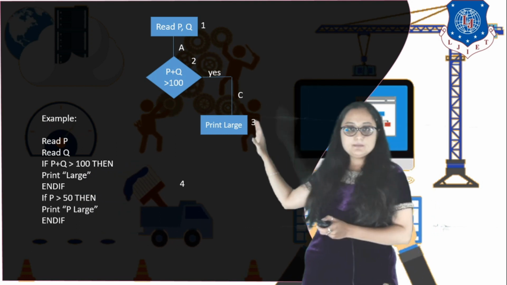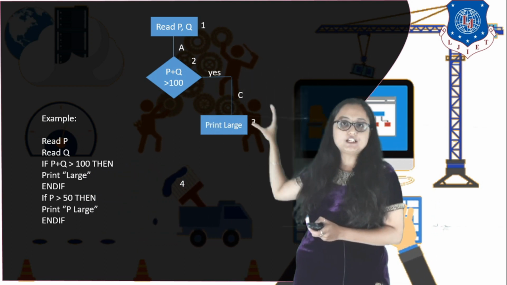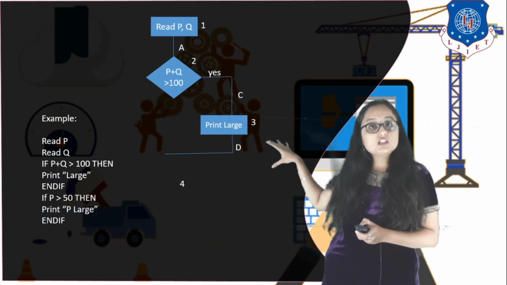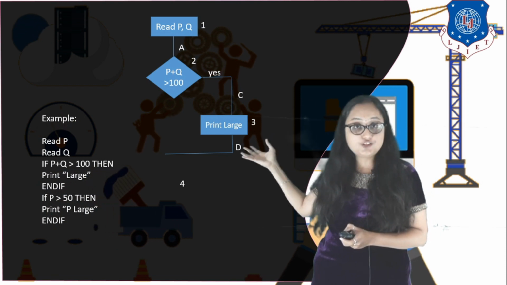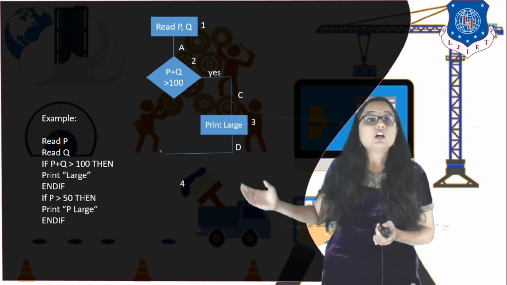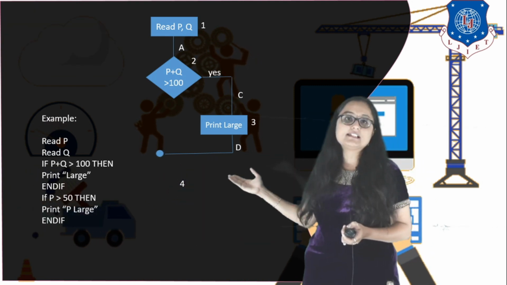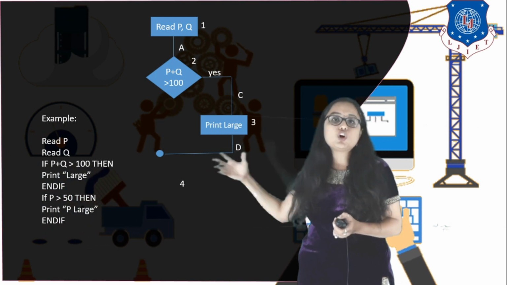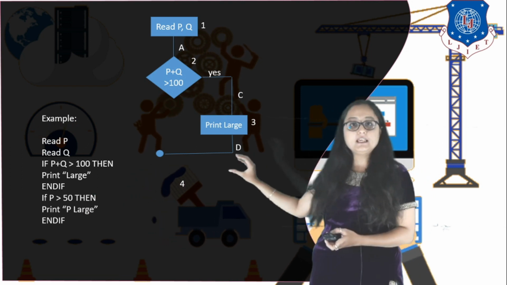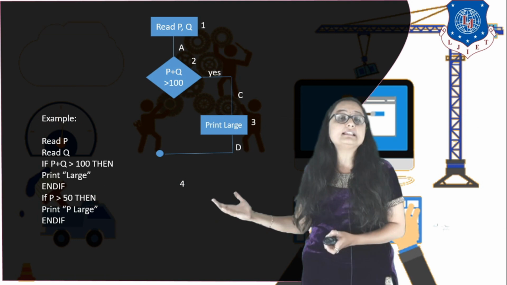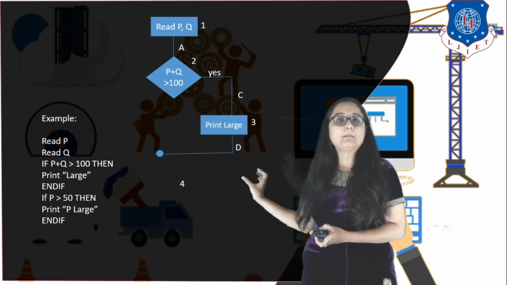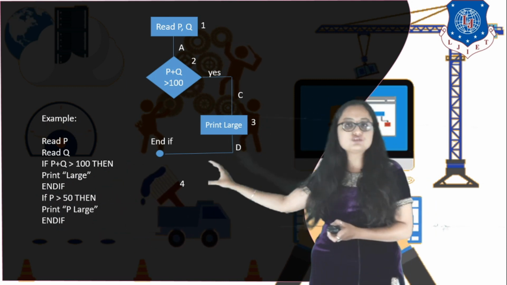Now one possibility is that the if condition is true; the next possibility is false, but we will traverse that later. After print large is executed, the if condition ends. Ending of an if is not a statement, so we depict it by a small circle which indicates the end of if, and that control is depicted by D. So this is an end if.